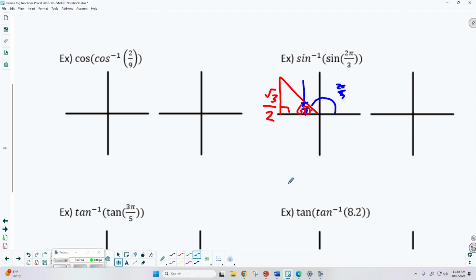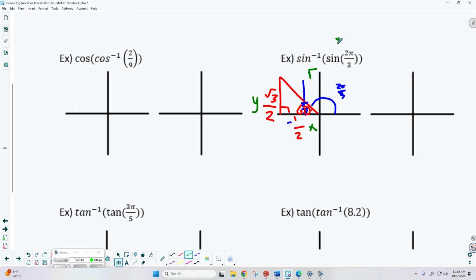And what was the side length across from 30? 1/2. And then there's just one little detail, not super important. Remember, we're in quadrant 2, where x is negative. Okay. So now we've got, here's the y, here's the x, and here's the r.